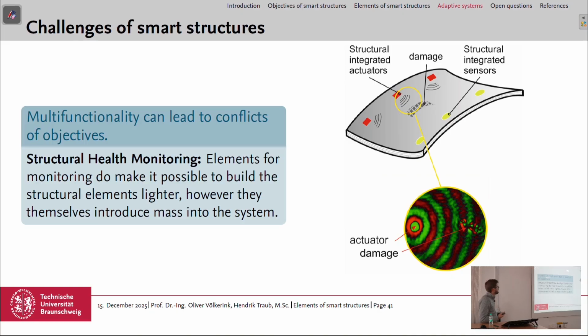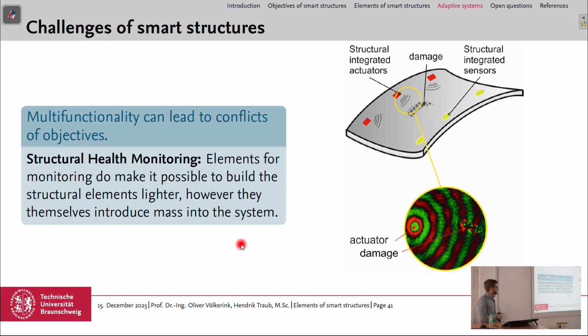Another trade-off or conflict in objectives is the multifunctionality. If you have a structure with an integrated structural health monitoring system, you can, at least in theory, build the structure lighter, because you know damages, and you don't have to have so much margin in safety for the inspection intervals.